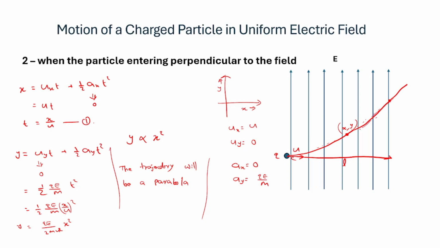So let this be the angle theta, so it will leave the field at an angle theta, which is tangent to the parabola, and we can find the angle by finding the slope of the curve or the slope of the parabola at the point of escape.